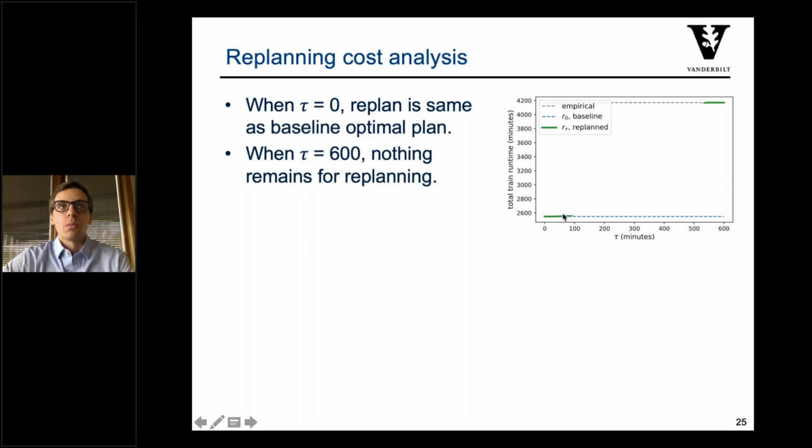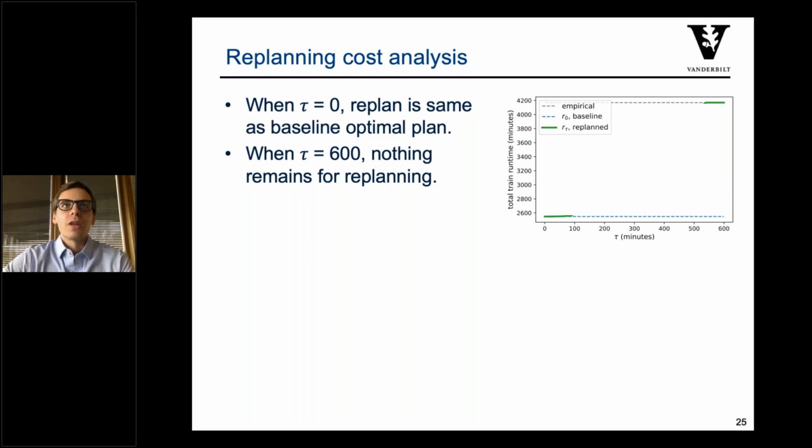So if the network could run perfectly to optimality, what that cost would be. And then here as the upper bound, this is the tau equals 600 cost. At the very end of the day, after the network is fully evolved, what was the empirical cost for this dispatching scenario as we saw it actually happen?